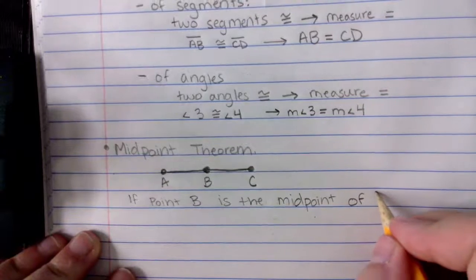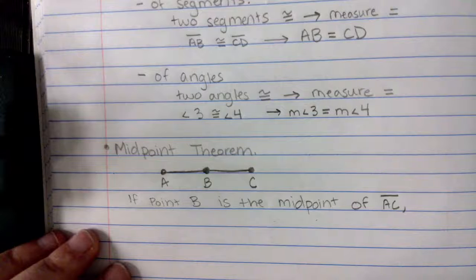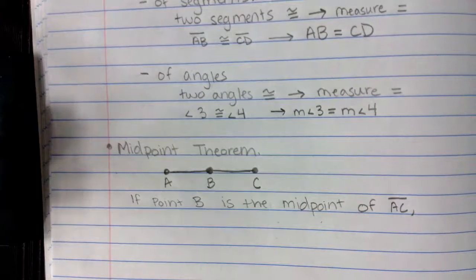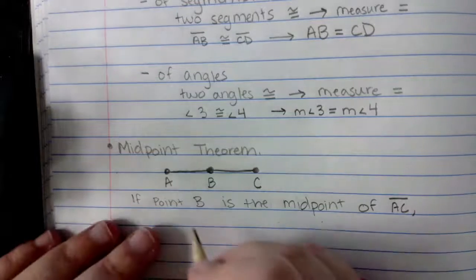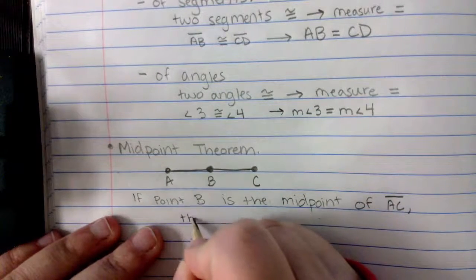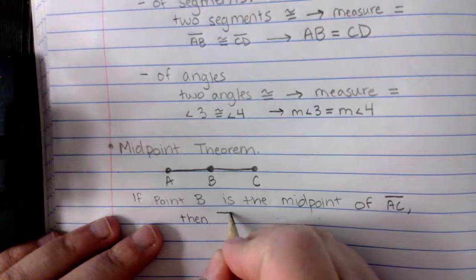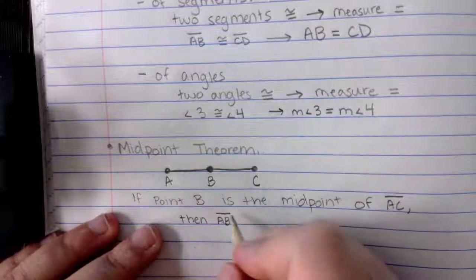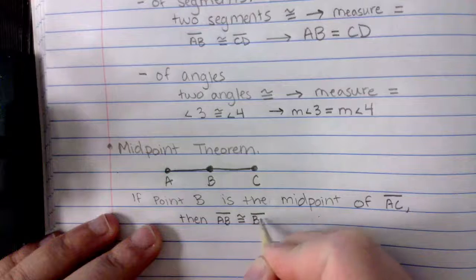Segment AC. So we're going to use that line segment AC. If point B is the midpoint of segment AC, and you already know this, then what do we know? Segments are congruent. Segment AB, the first part, is congruent to the second part, BC.